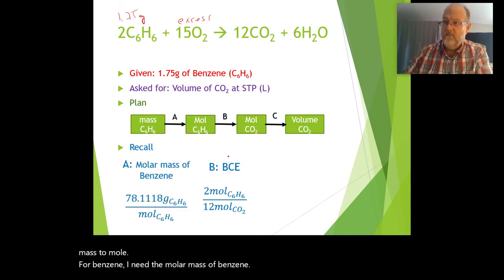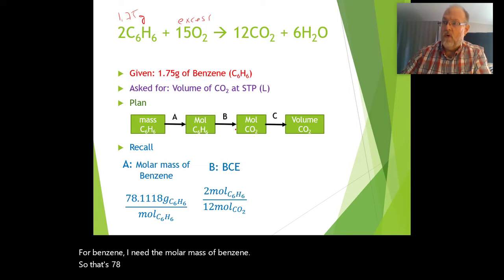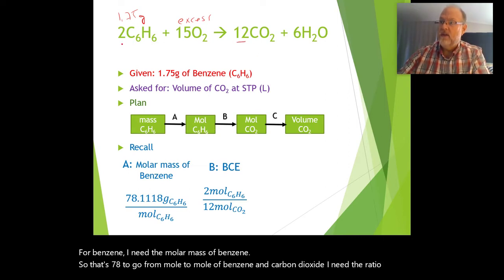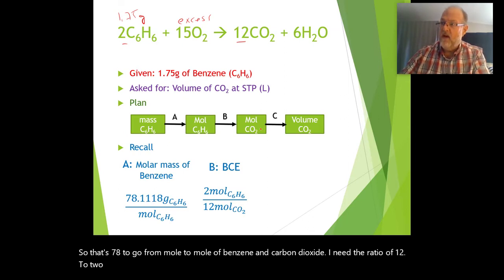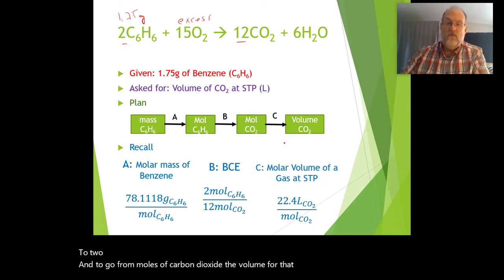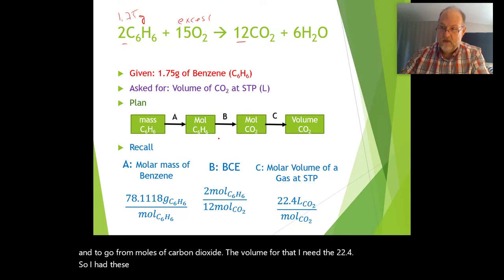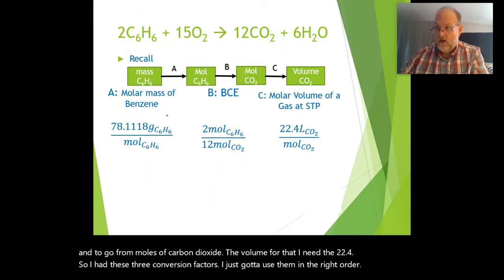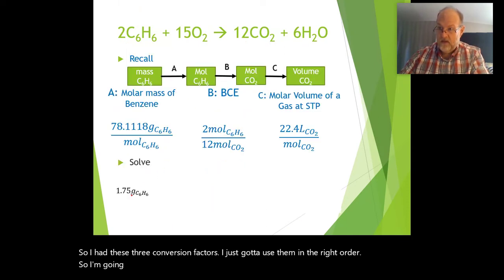So that's 78. To go from mole to mole of benzene to carbon dioxide, I need the ratio of 12 to 2. And to go from moles of carbon dioxide to volume, I need the 22.4. So I have these 3 conversion factors. I just have to use them in the right order. So I'm going to start with what's given to me, 3.75.